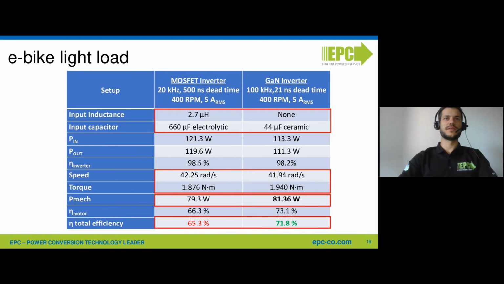Since the sinusoidal excitation is purer in the case of the gallium nitride inverter, the motor is working in a better way. And so you can see that while the efficiency of the inverter is very similar, the efficiency of the motor in the case of the gallium nitride inverter is much higher. And so the efficiency in the end of the overall system is 6.5 percentage points higher in the case of the gallium nitride inverter.